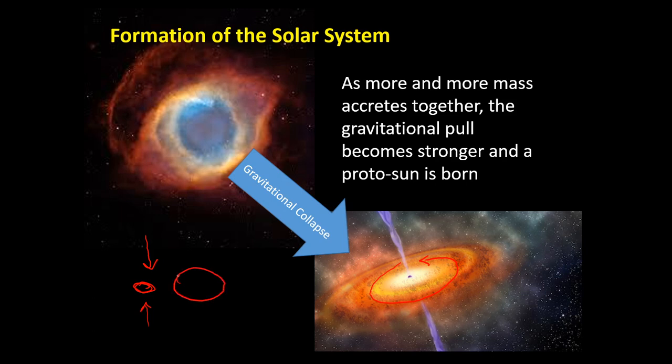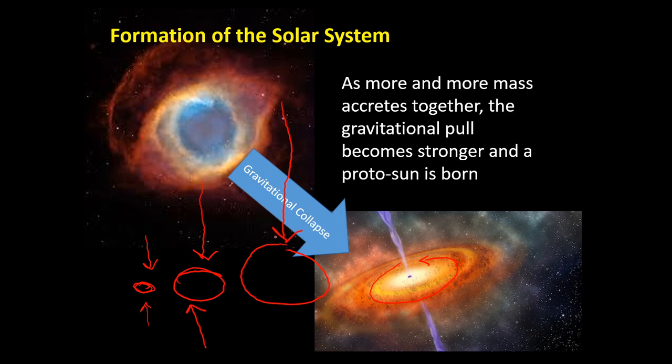But then it's able to pull more hydrogen in. And when it pulls more hydrogen in, it gets bigger, and the gravitational force gets even bigger. And it's able to swallow up even more hydrogen. And as it does that, it gets bigger, and its gravitational force becomes even larger. Okay? So there's what's called a snowball effect, right?